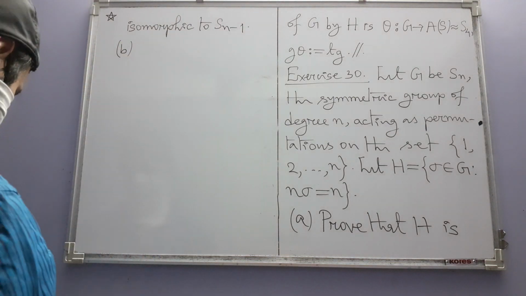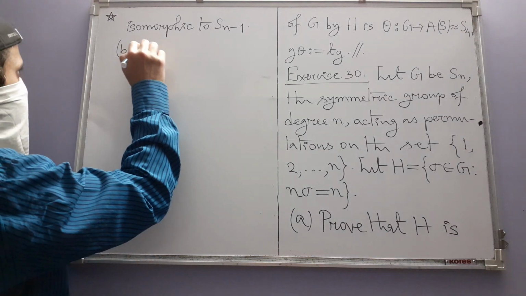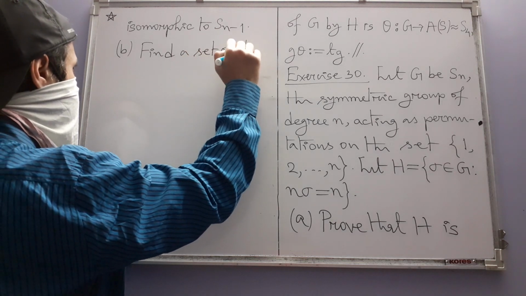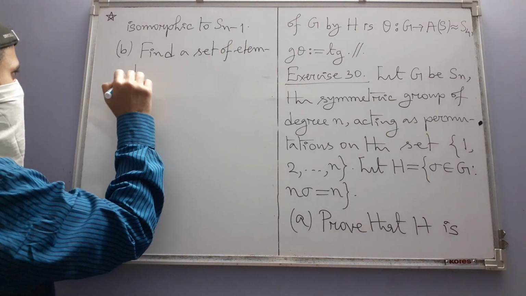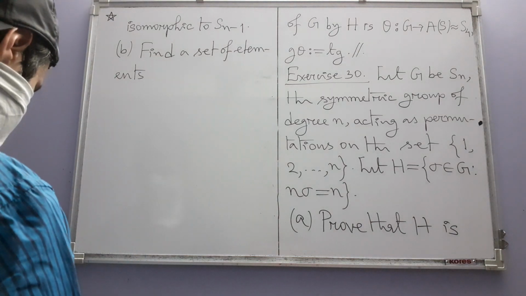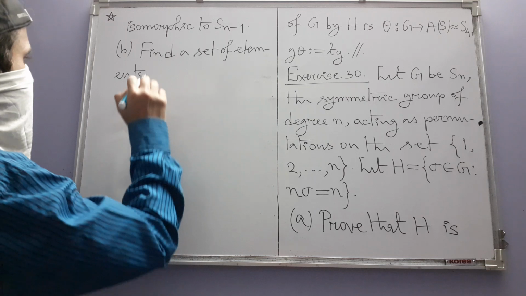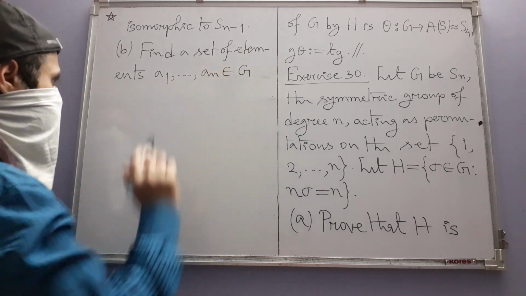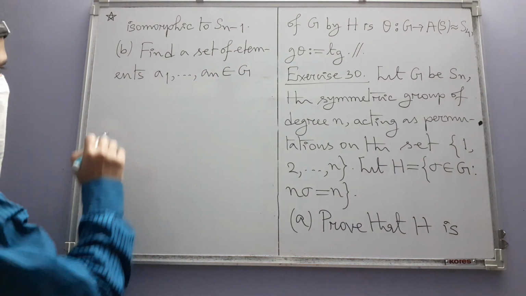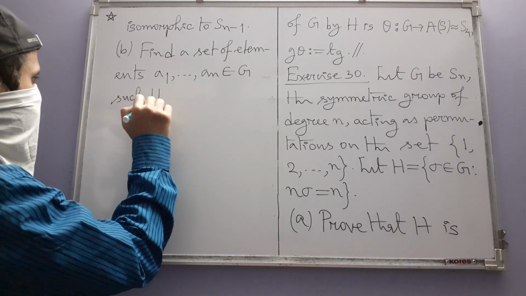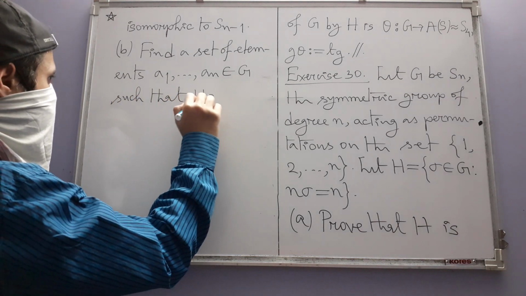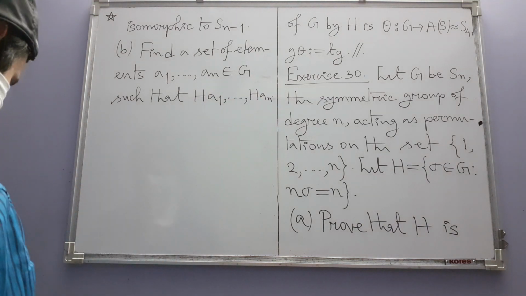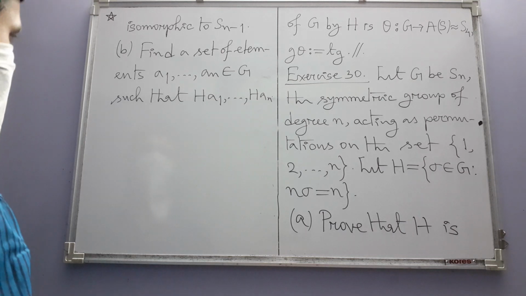Part B, find a set of elements in G such that the corresponding cosets of H give all the right cosets.